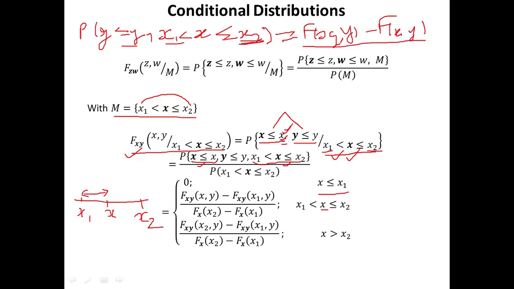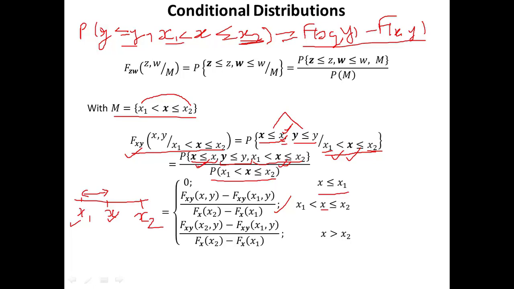So by using this formula of conditional probability, since the intersection of this event along with this event is x1 to x, and the third event Y less than or equal to y is already there, the probability defined in the numerator will actually equal F_XY(x,y) minus F(x1,y), and the denominator will be F_X(x2) minus F_X(x1), because it really depends on one random variable. So for x1 to x2 we will get this as the value of F_XY(x,y) given M.